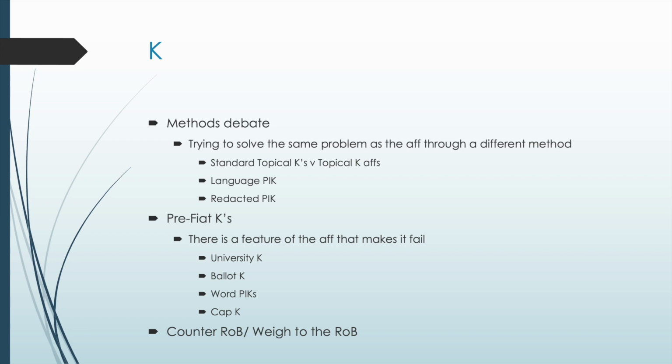However, if you are very particular in how you are wording your extension of the K and your explanation of the K, you can also just weigh to the role of the ballot the Aff provides, especially if the role of the ballot has something to do with providing the best method to do XYZ, because if you prove that their method is bad and that the alt method is preferable, that's a reason that you're winning under their framework.